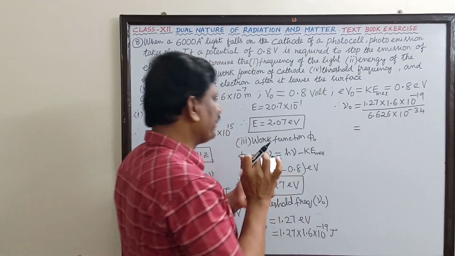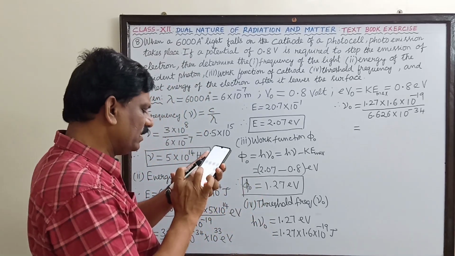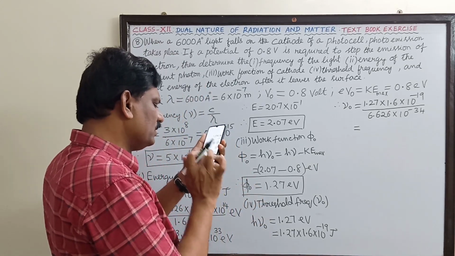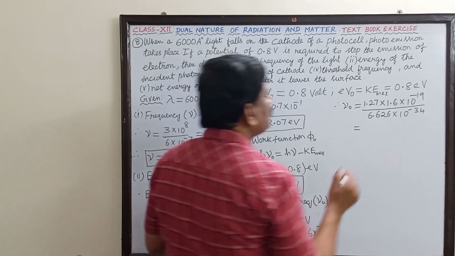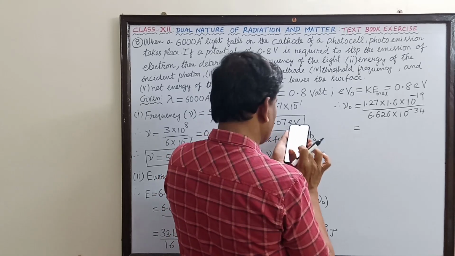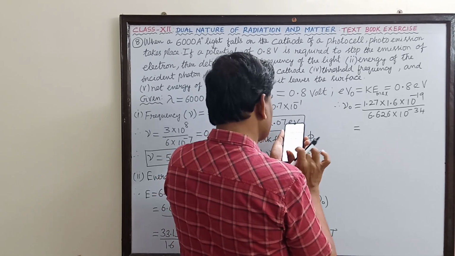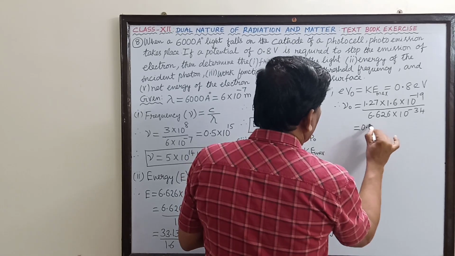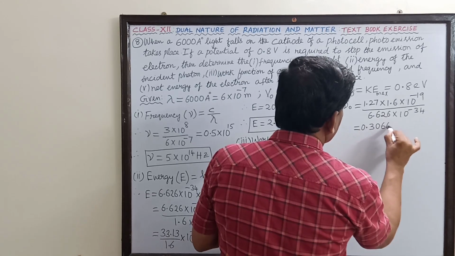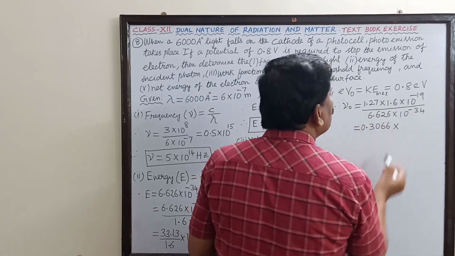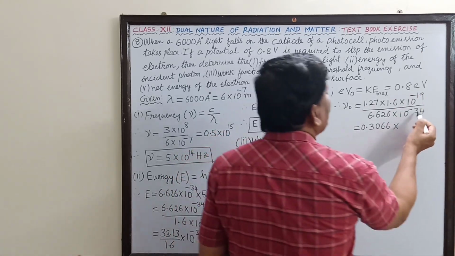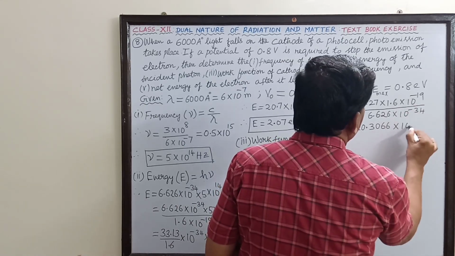So what is this? Let us find out. Now 1.27 into 1.6. So this product is 2.032 divided by 6.626. So this is equal to 0.3066. This product into, now 10 power minus 34 will come to the numerator as plus 34, is it not? So 34 minus 19 is 10 power 15.